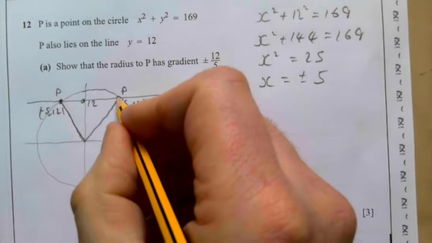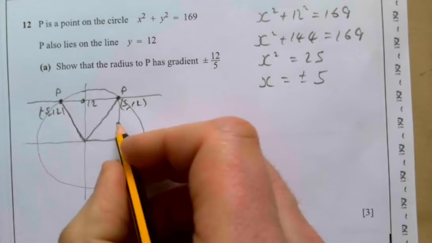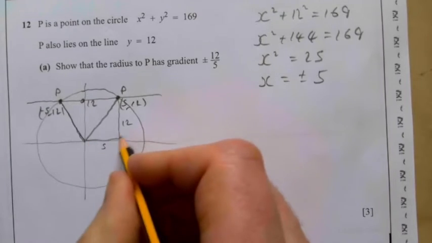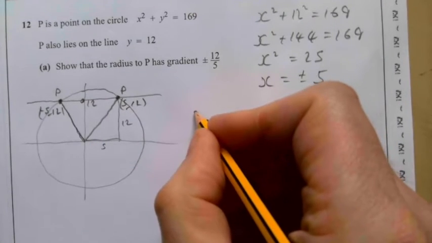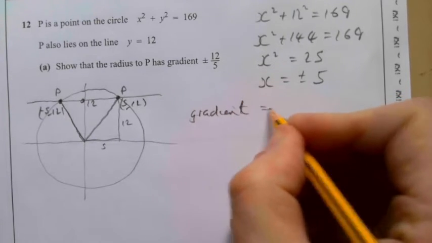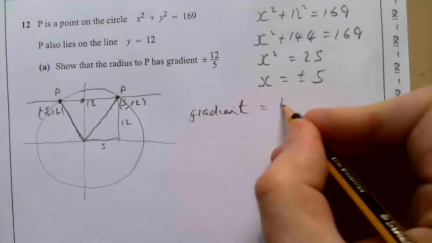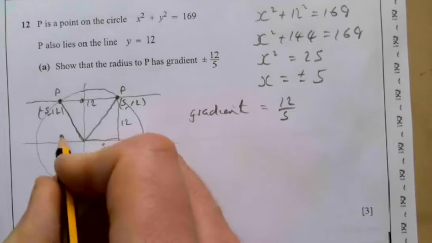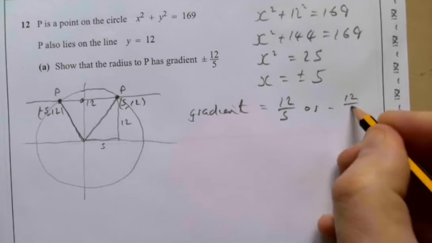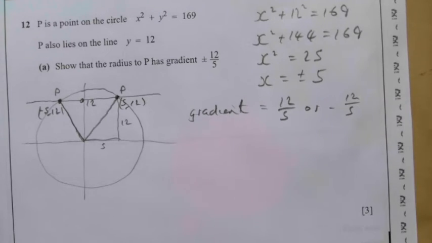So if we set up our wee triangle here, that's 5 across, and 12 up, so that means the gradient equals 12 over 5 in this case, or in the other case, minus 12 over 5. Okay.